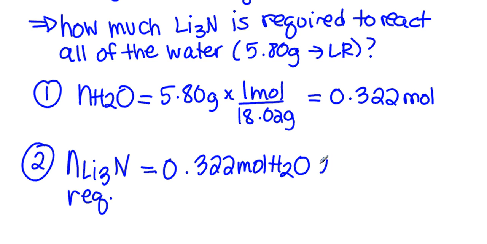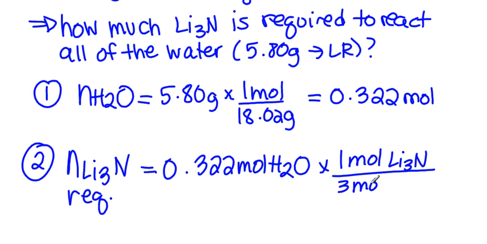So we take our moles of water and do our mole ratio. 1 mole of lithium nitride for 3 moles of water. So we're dividing that number by 3. And we get about 0.107 moles.